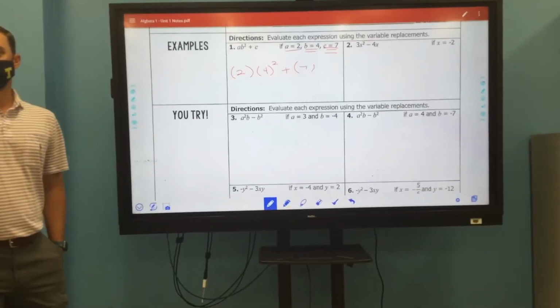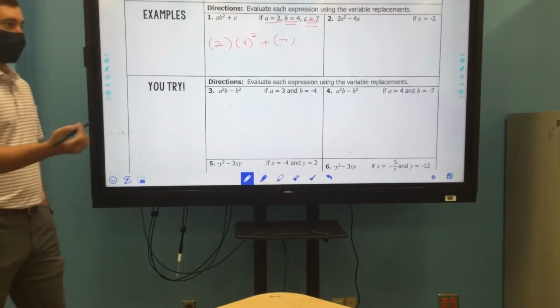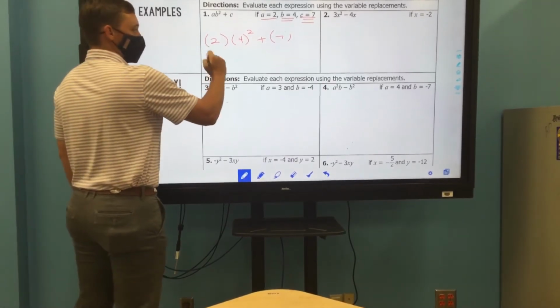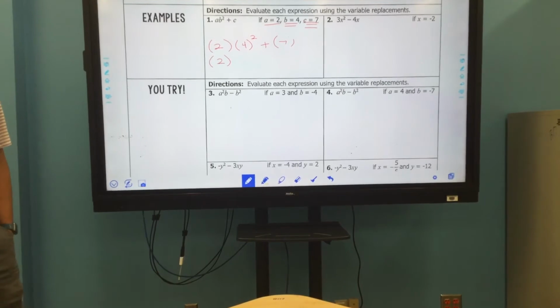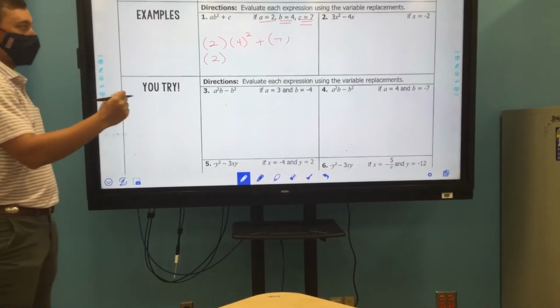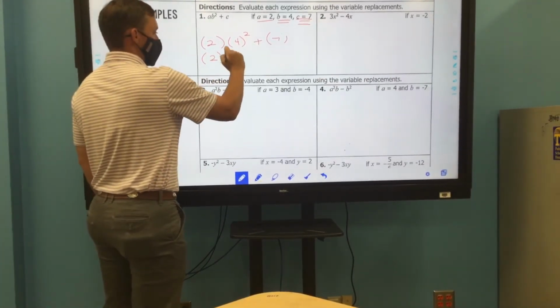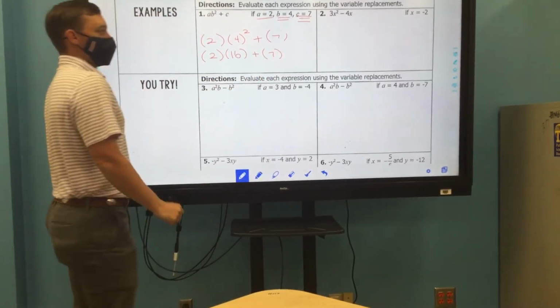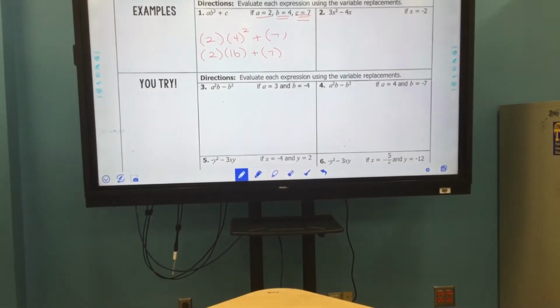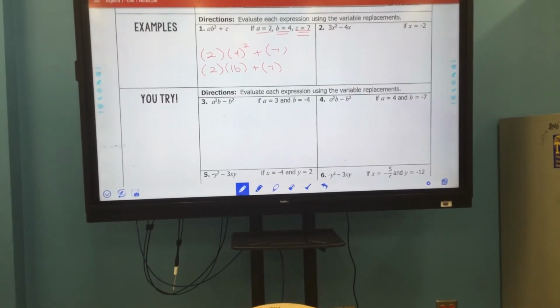Okay, so here we've got 4 squared. We know squared is just a number times itself, so 4 times 4, which gives us somebody. 4 times 4, you can just type that in the calculator. 4 squared is what? 16. Okay, so we've got 16 and then plus 7. Okay, next order of operations is our multiplication.